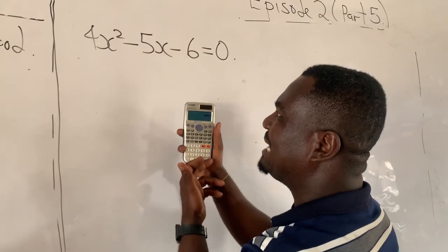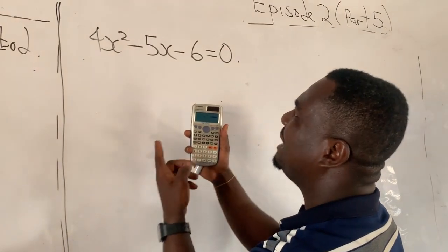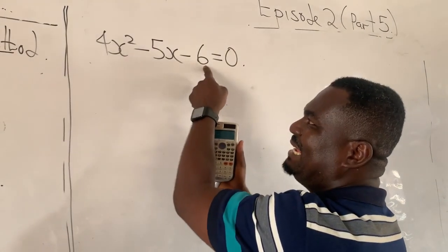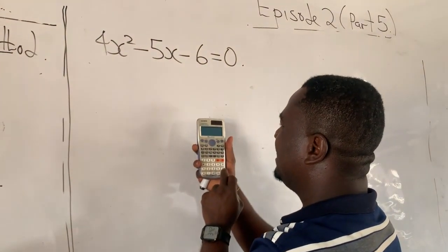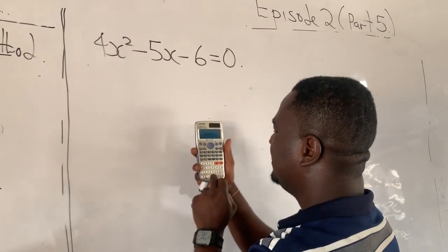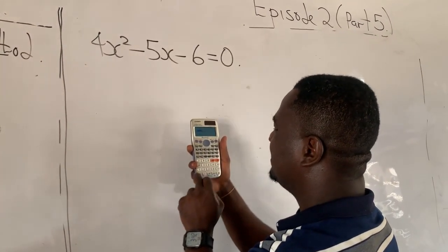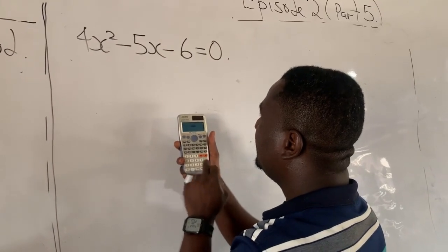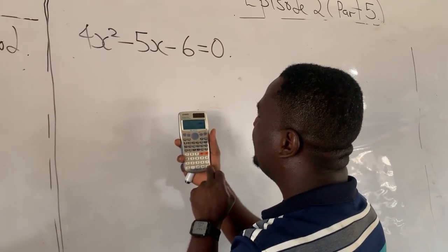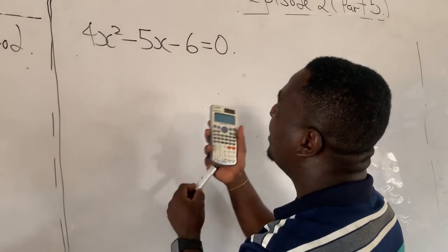You press the equal sign so that it can move to the C. If you don't press the equal sign, it can't move to the C. So our C term here is what? Negative 6. So you press your equal sign, then you are getting your x1.